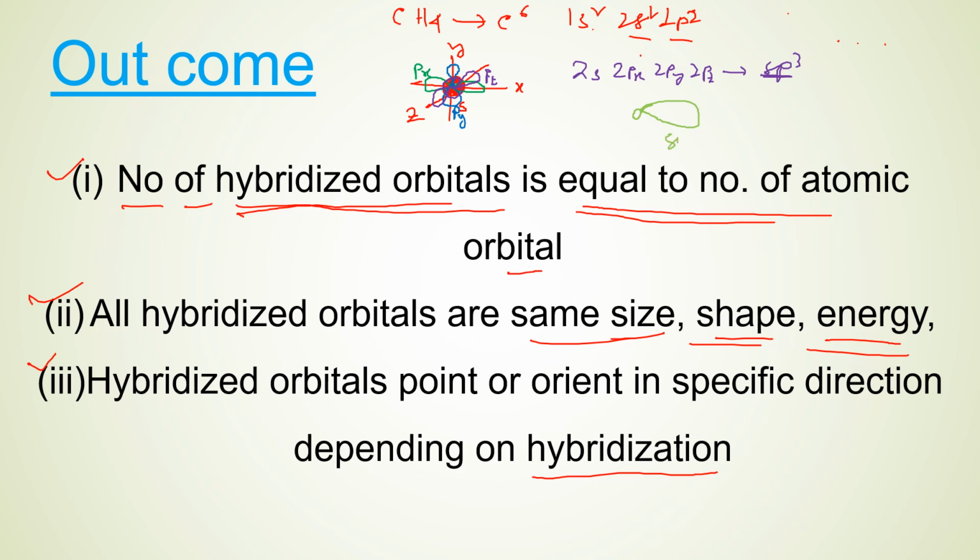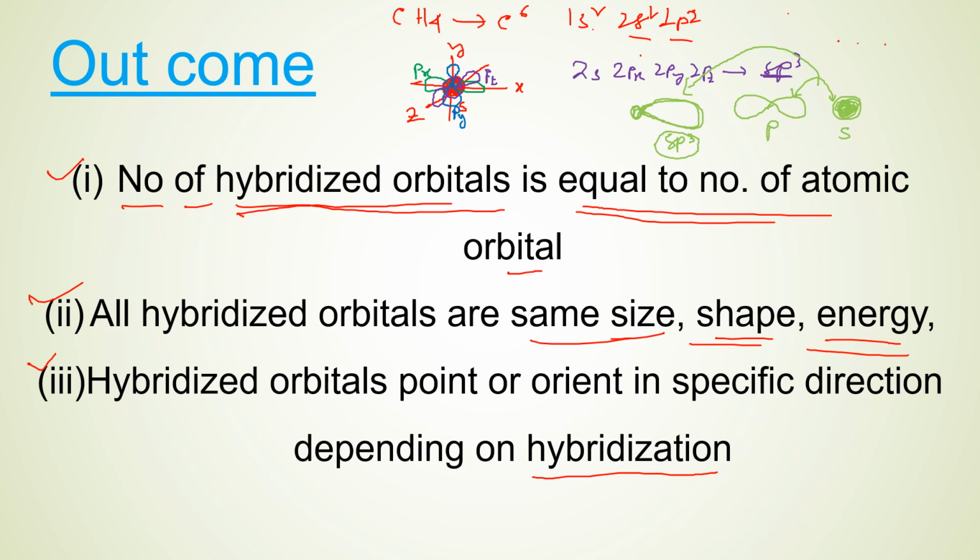This is basically the sp3 hybridized orbital. The p orbital was initially like this dumbbell, and s was initially like this sphere. Now these two mix together and produce the shape of the sp3 orbital like this: a small dumbbell followed by a big dumbbell.